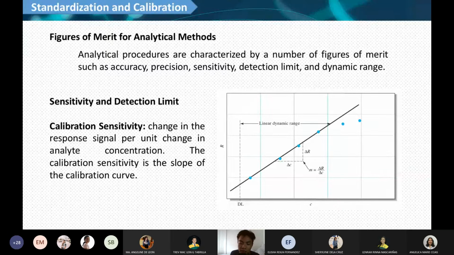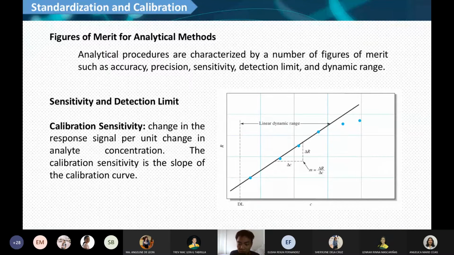Anything beyond the calibration curve, any measurements beyond that, will be unreliable. So again, figures of merit is the data that we check so that we know if our calibration curve is good at measuring the concentration of our substance, depending on its sensitivity and the lower and upper limits of your calibration curve.